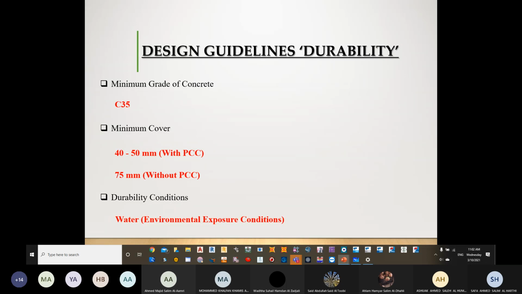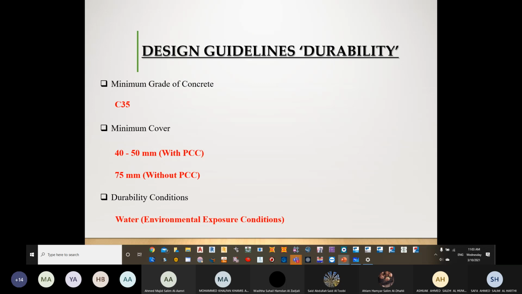Now we have the cover here. If you remember, we used to calculate the cover based on the water and fire. Now, the code has kept it direct for you in terms of foundation. It says you have two scenarios: with BCC layer or without BCC layer, with blinding layer or without it.